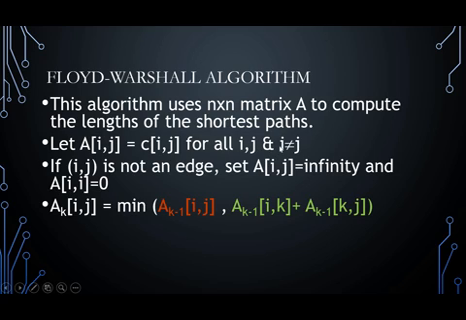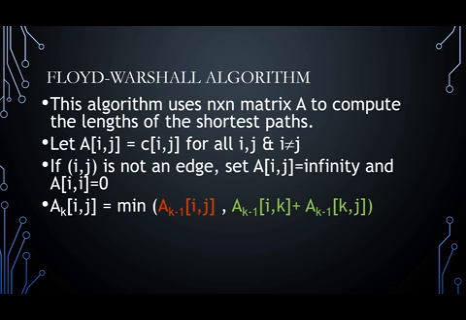If i comma j does not have an edge, then we initialize it to infinity. And if we have i comma i, which represents a self loop from 1 to 1, or 2 to 2, or 3 to 3, and so on, then we put the value to be 0. So all the self loops are assumed to be 0 in cost.